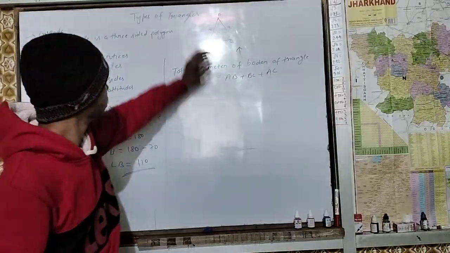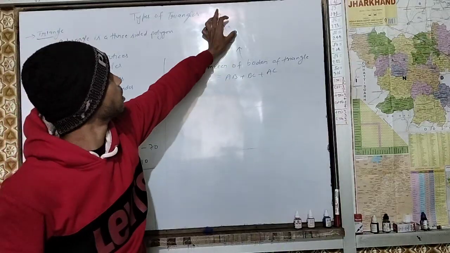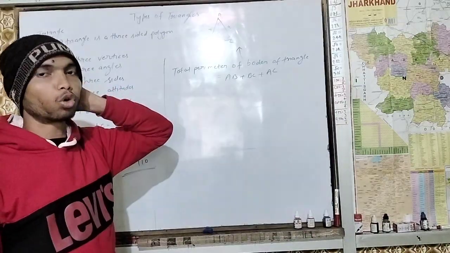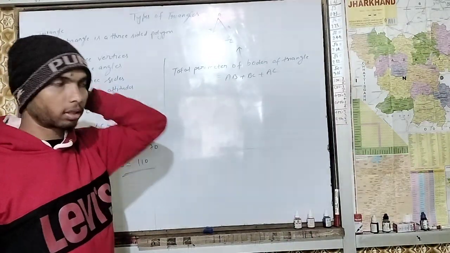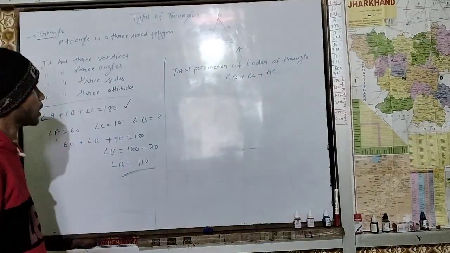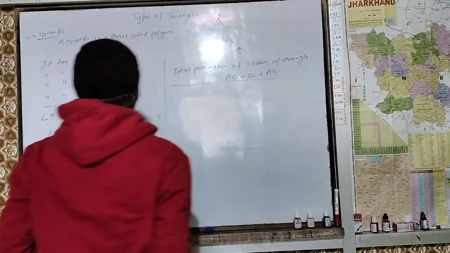We just add AB plus BC plus AC, and you get the total perimeter, the total length of the border. Okay, this was the second thing.